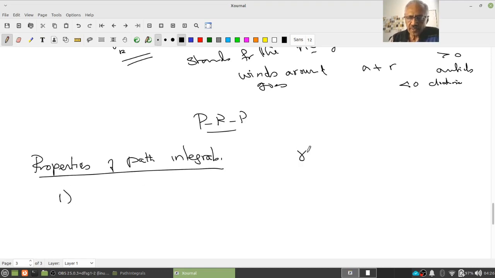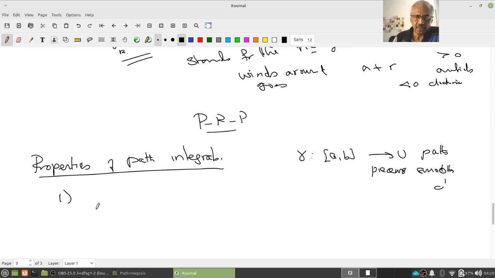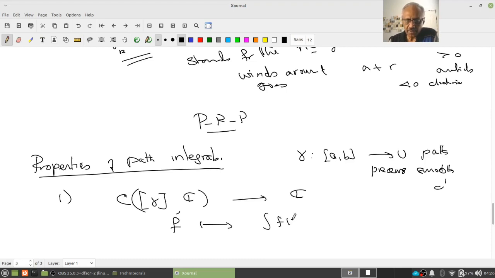So suppose gamma is a path, let us say as usual from [a,b] to U. Path meaning, remember, it is piecewise smooth, piecewise C1. The first thing is, let us look at C of gamma, all continuous functions from the track of gamma to C. Then I have a function f going to the integral of f of z dz over gamma.